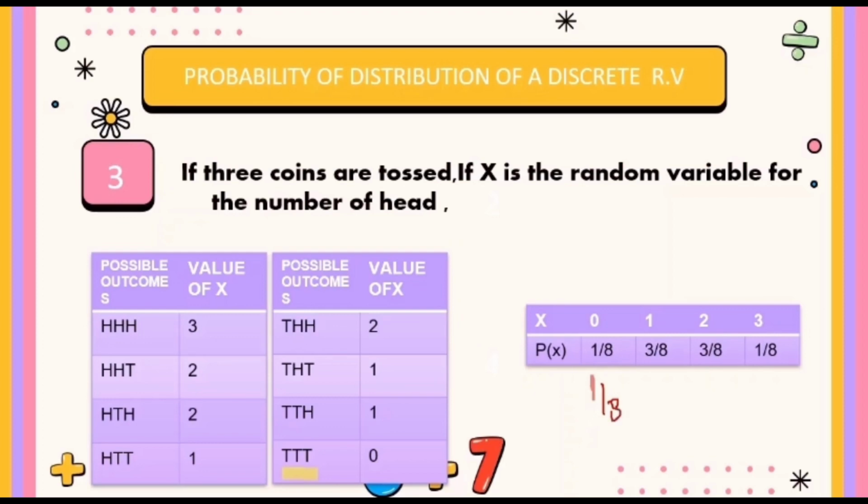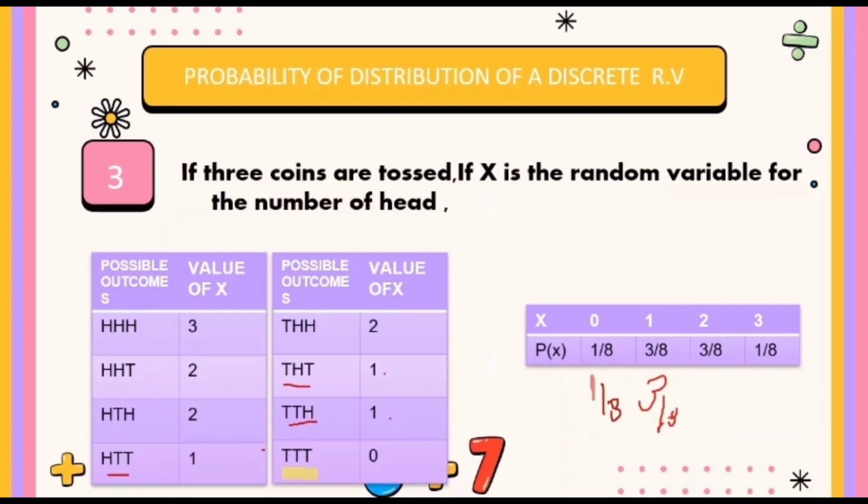And then how many of our possible outcomes consist of 1 head? Let's count. This one consists of 1 head, and then this one also consists of 1 head, and here too. That means 1 plus 1 plus 1 is equal to 3. So that is 3 out of 8.